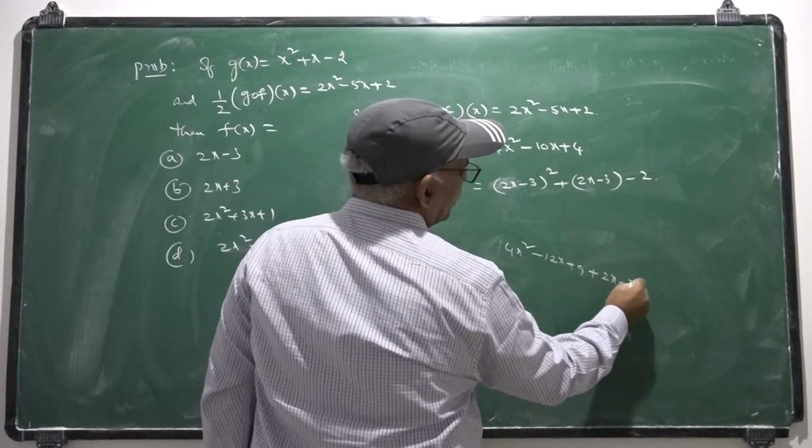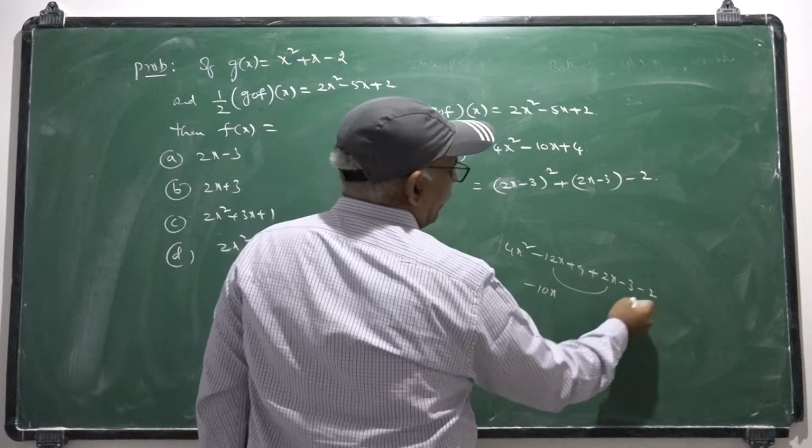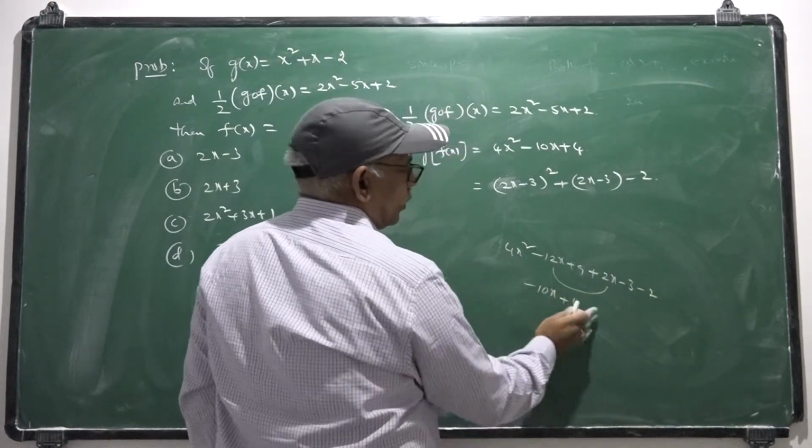Similarly, plus 2x minus 3 minus 2. From these two we get minus 10x. From this we get plus 4.